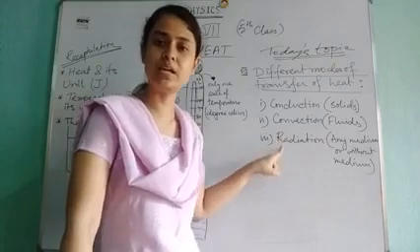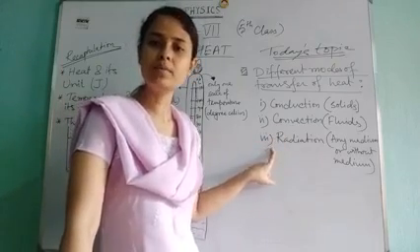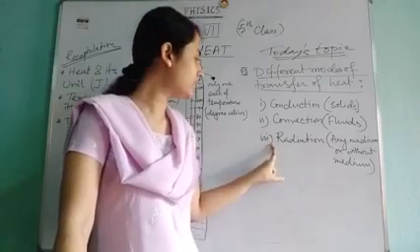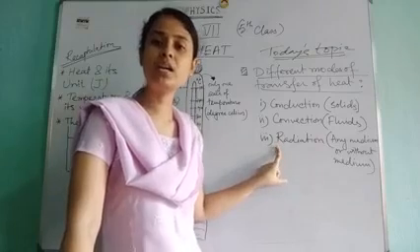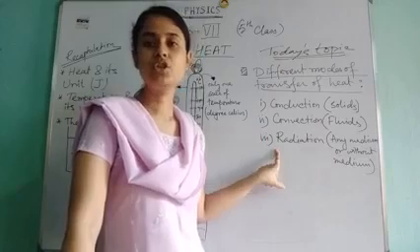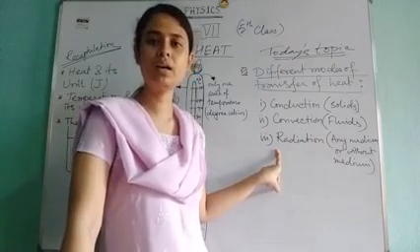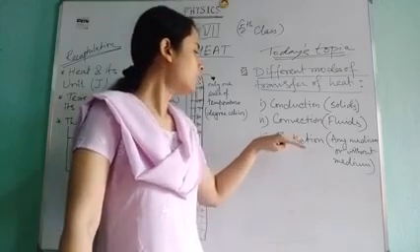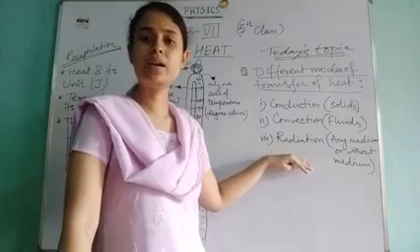Whether any medium is present, then also the radiation can take place, and if no medium is present, then also the radiation takes place. And let me tell you the example. With the help of radiation, the hotness from the sun reaches the earth. Okay, so radiation is the process which is independent of any medium.